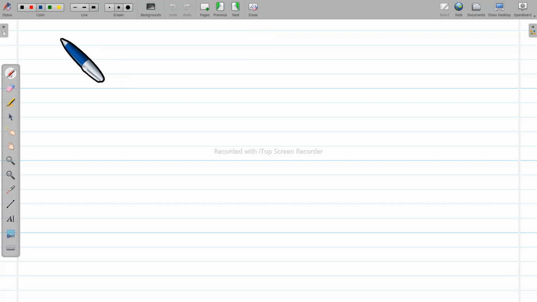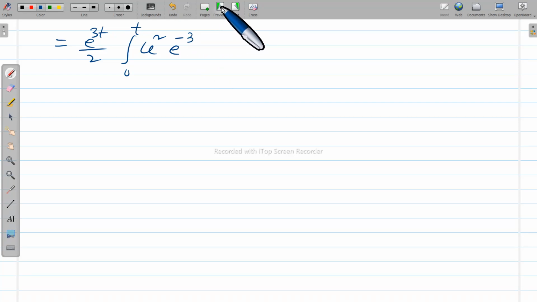So you have e to the power 3t by 2, 0 to t, and u square e to the power minus 3u into du. I have already explained the direct process of by parts. So now please write, I am going to apply the same concept here.